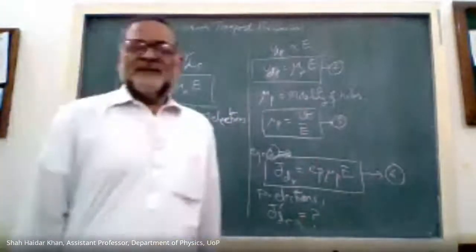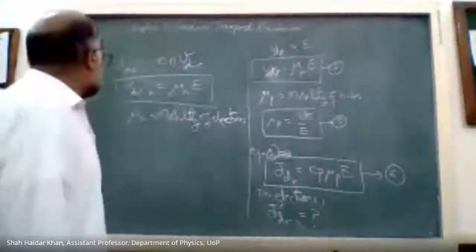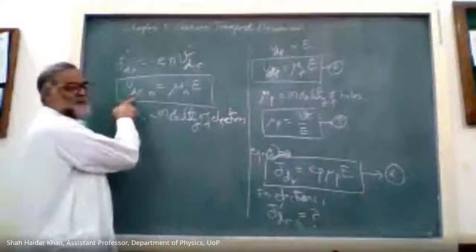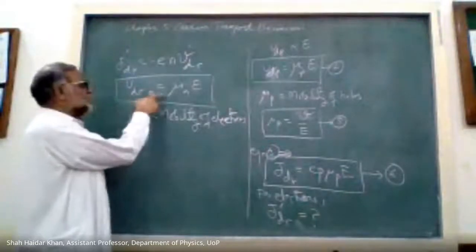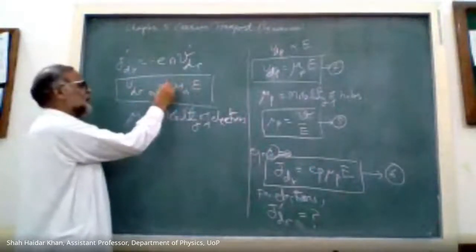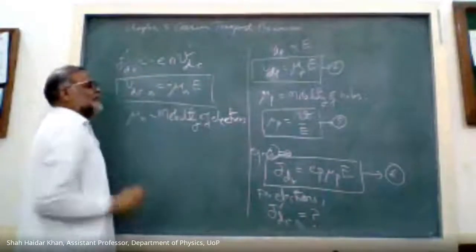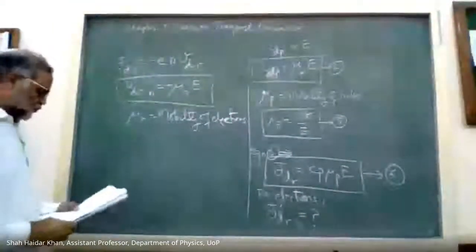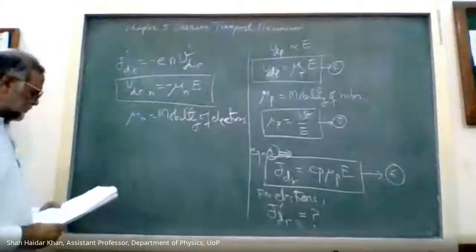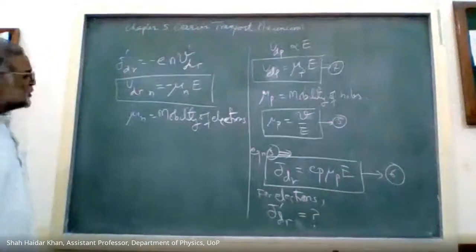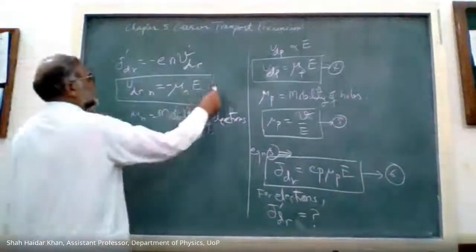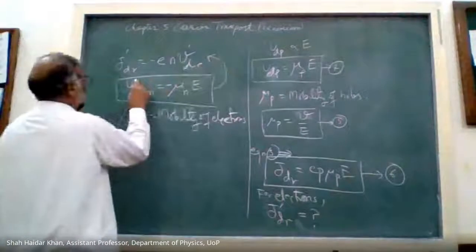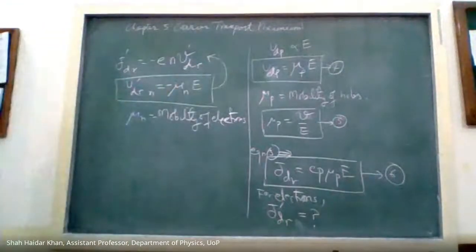So the velocity of the electron will be opposite to the electric field, so we can write a negative sign here. Okay, if we put this here, I will write a prime here.